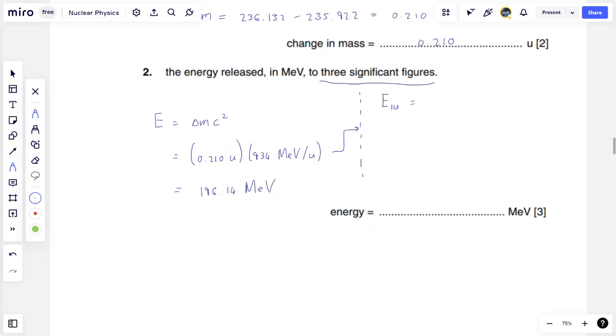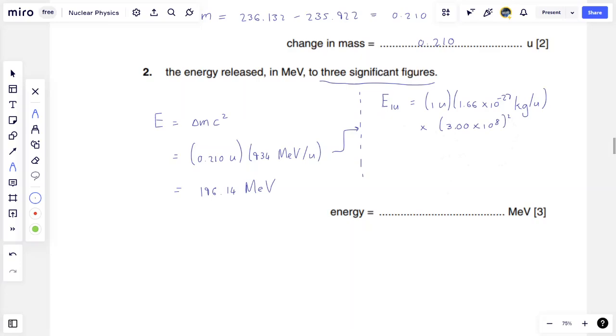If I use the same equation, E is equal to mc squared, m is 1 atomic mass unit, and we know that this is 1.66 times 10 to the minus 27 kg for every atomic mass unit U. Then I'm going to multiply this by c squared, where c is the speed of light, 3 times 10 to the power 8 meters per second, squared.